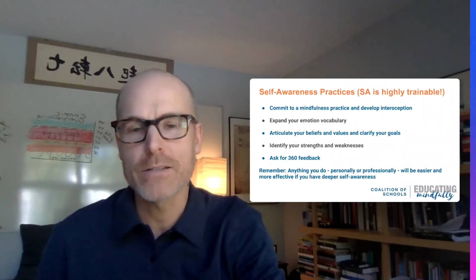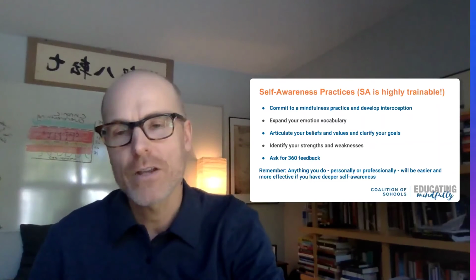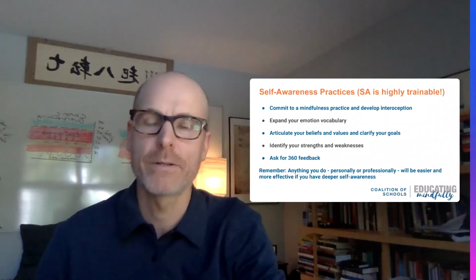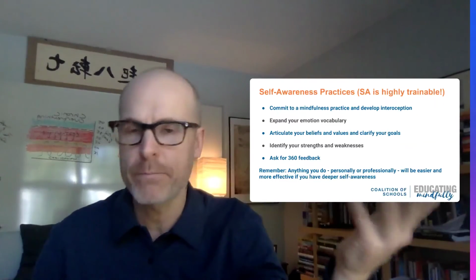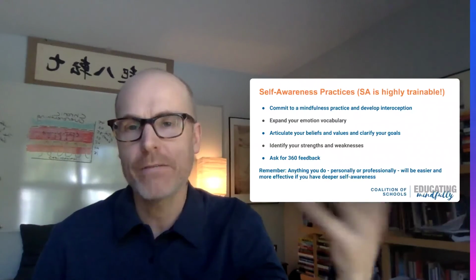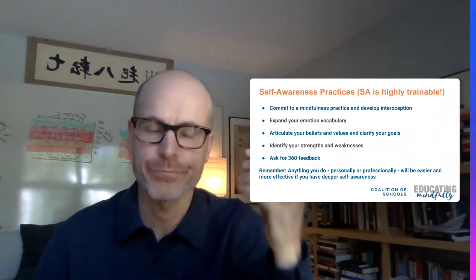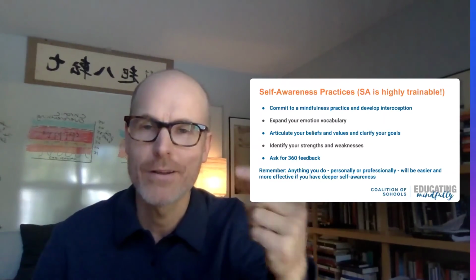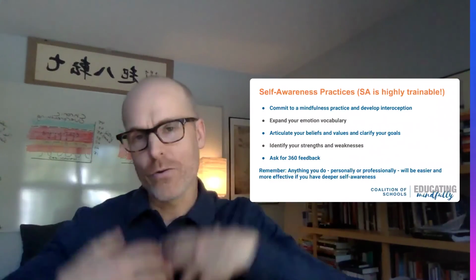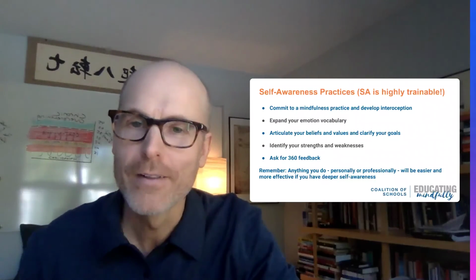Identify your strengths and weaknesses, and the best way to do this is ask for 360 feedback. 360 feedback is just: take an emotional intelligence assessment or a self-awareness assessment, and then invite 5 to 10 people that you trust and believe have an accurate perception of you, and ask them to take the same assessment regarding yourself, and see how congruent your own self-appraisal is with the way they appraise you.